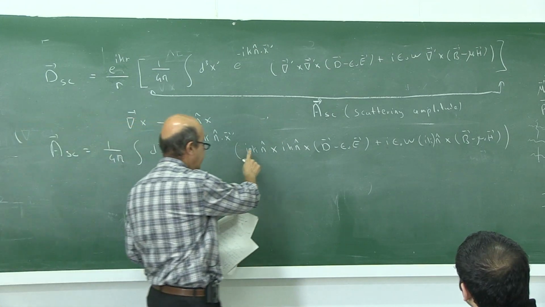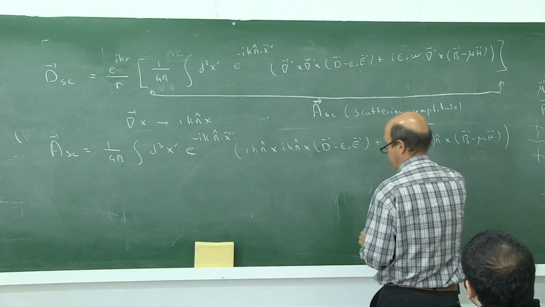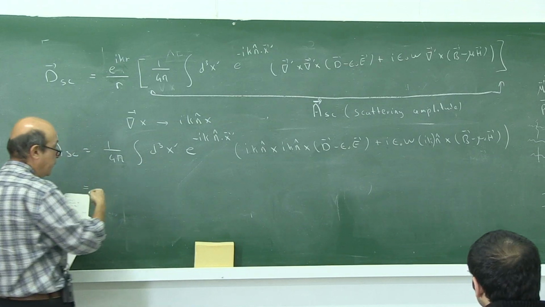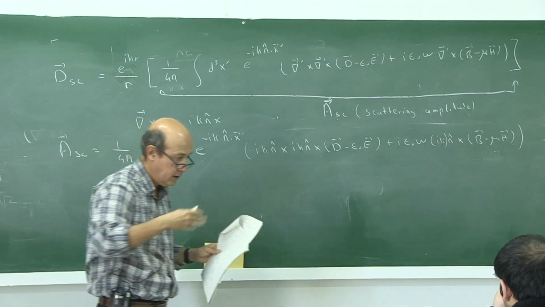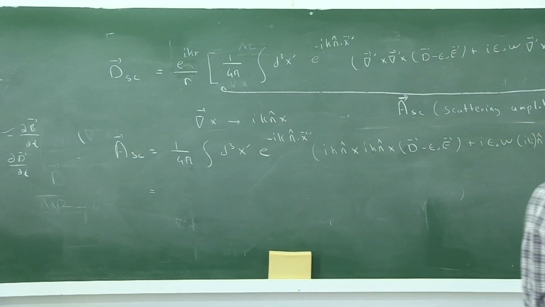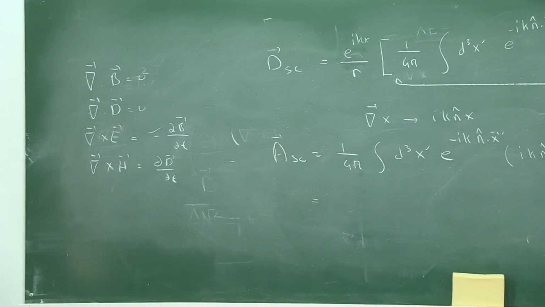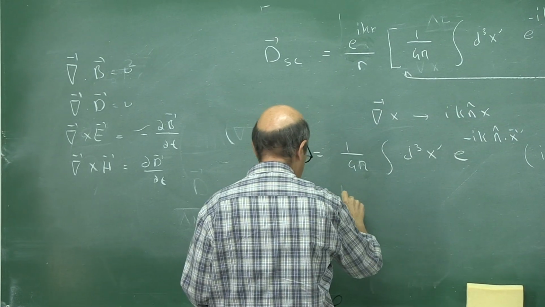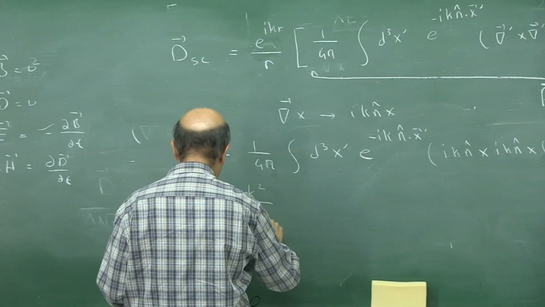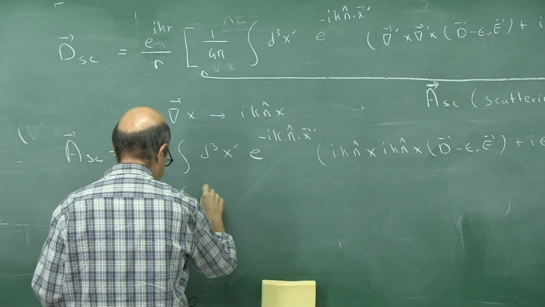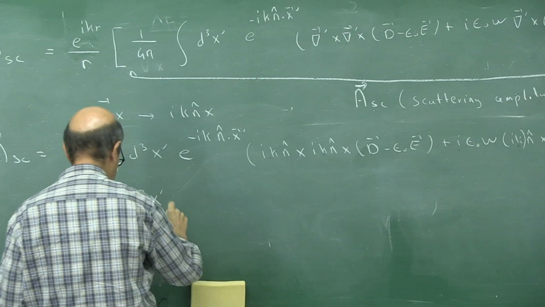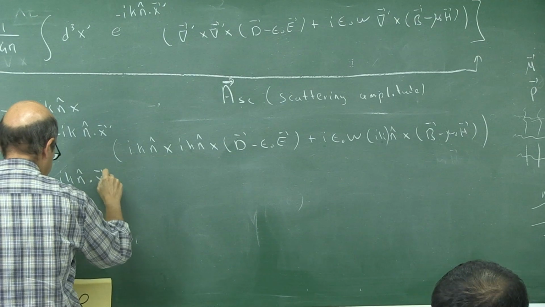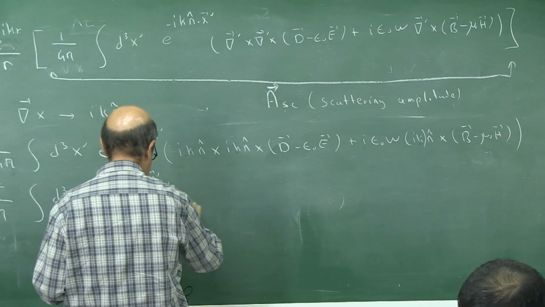And here you have k and k square, and take the k square outside because k square is important: in the scattering cross section, the scattering cross section goes with the k to the 4th power. So let us take the k square outside in a common parenthesis. k square over 4 pi, the integral d cube x prime e to the minus ik n dot x prime, and the rest will be what?